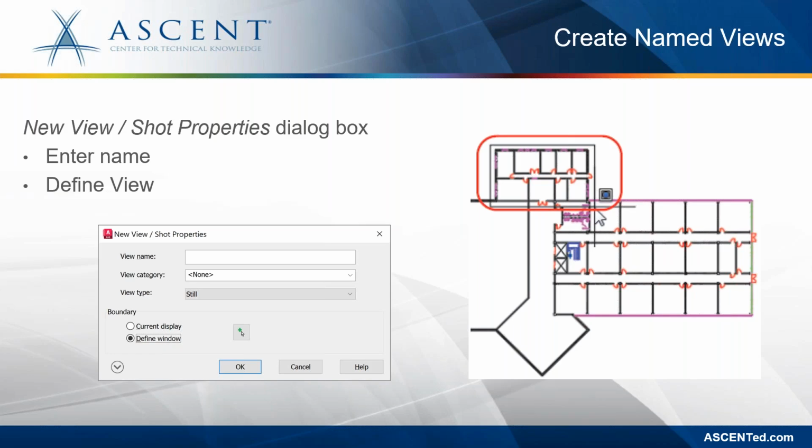We can then recall those views from the list, which automatically zooms into the area that was defined in that view. Although these named views are created in model space, they become available in the layouts as well, and there we can easily insert them as layout viewports.